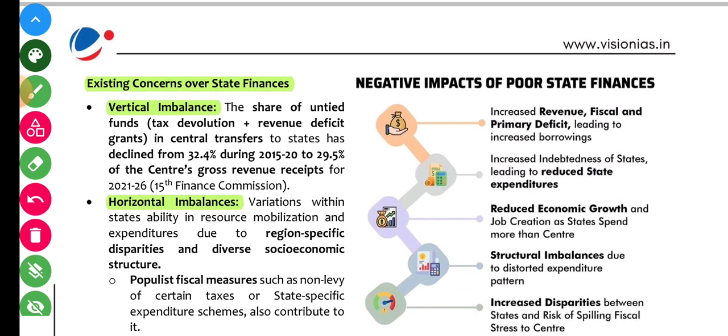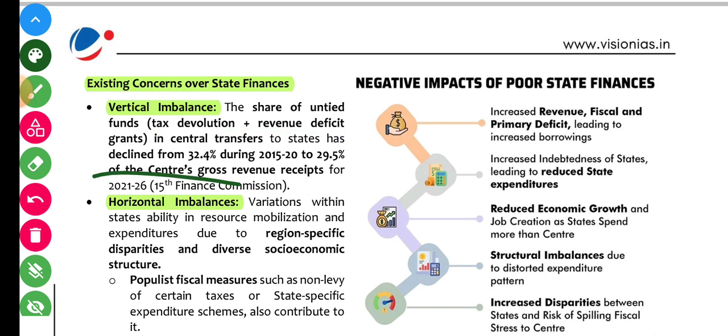And next, existing concerns related to state finances, like vertical imbalance between the vertical devolution by the Finance Commission from the center to the states. There are vertical imbalances because states are not paid the tax devolution and revenue deficit grants by the central government.